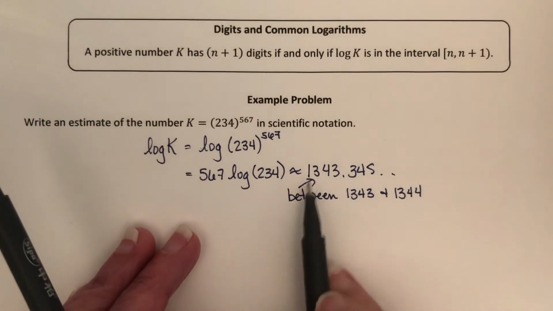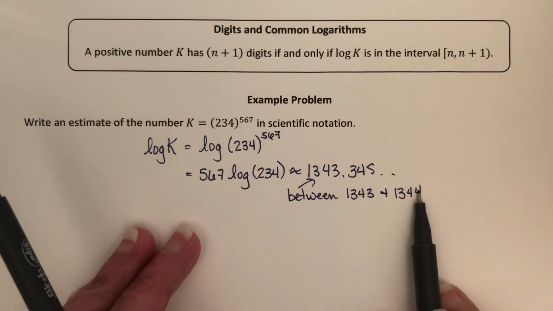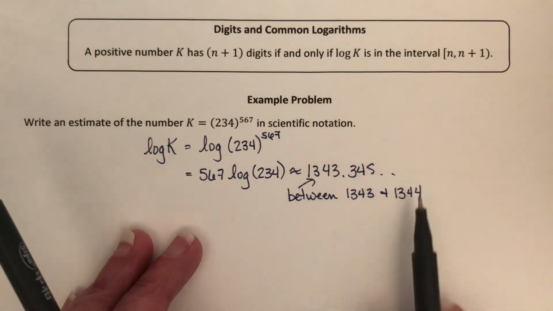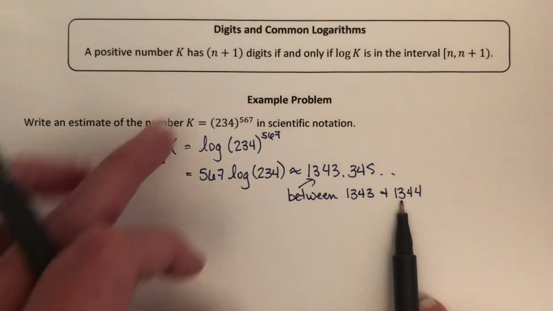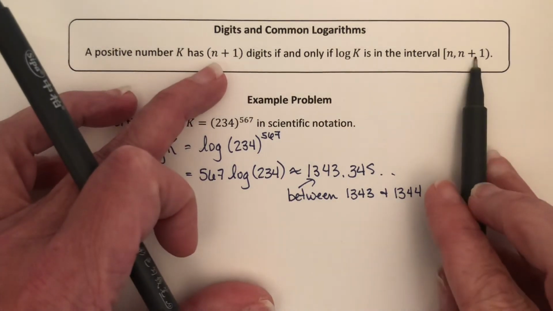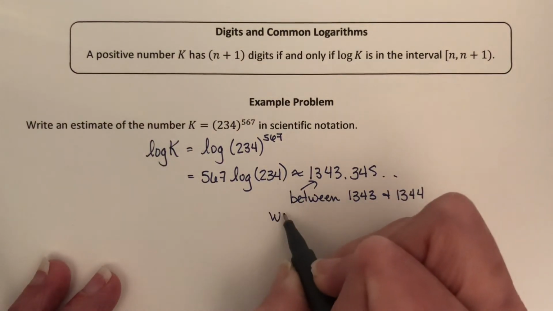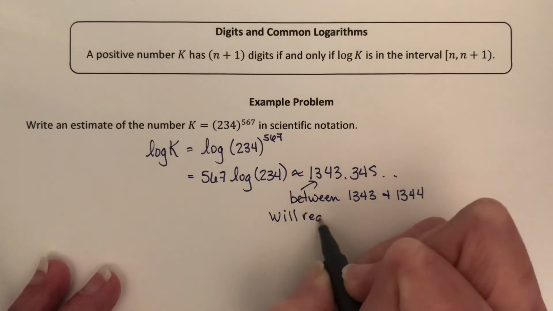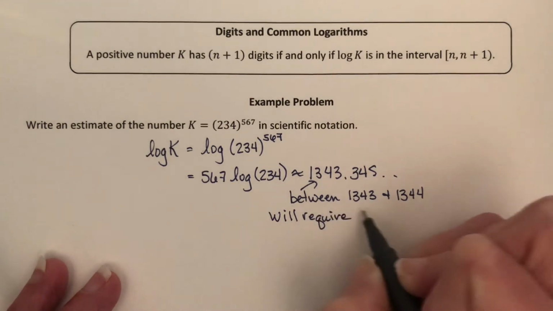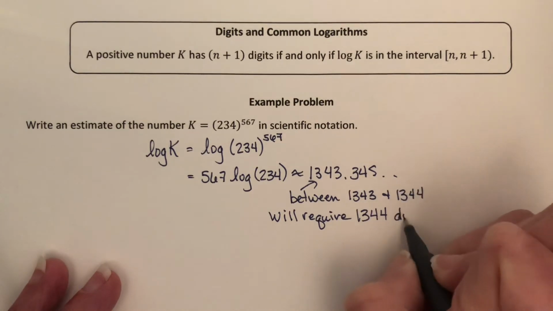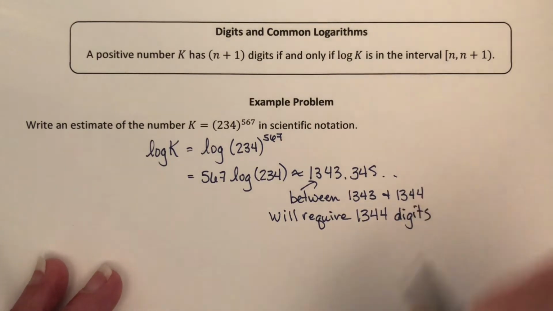Since this number is between these two, n would be 1343, n plus 1 is 1344. It has n plus 1 digits, so this will have 1344 digits. Really big number.